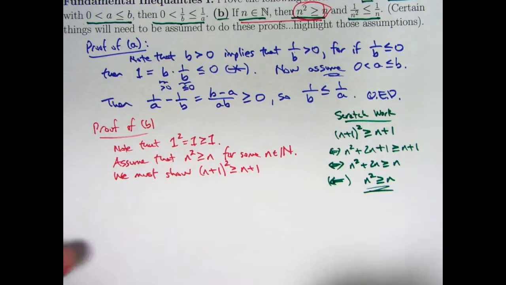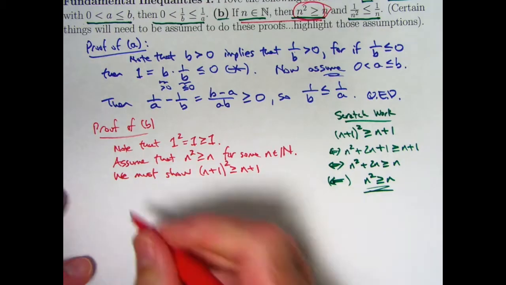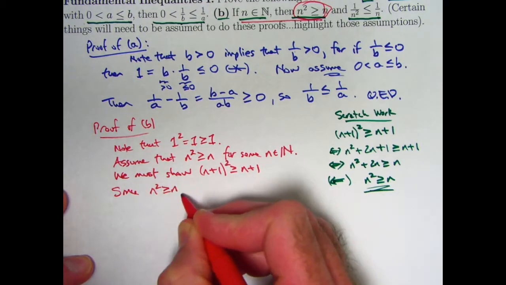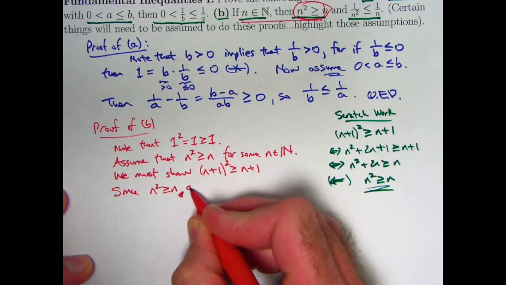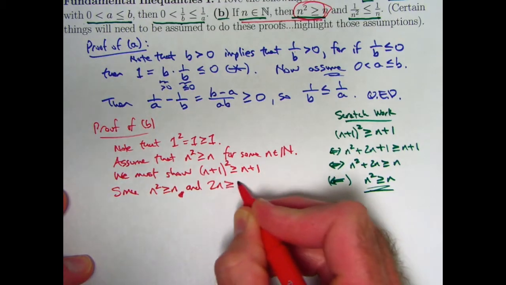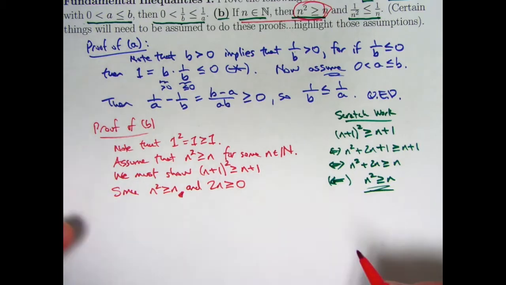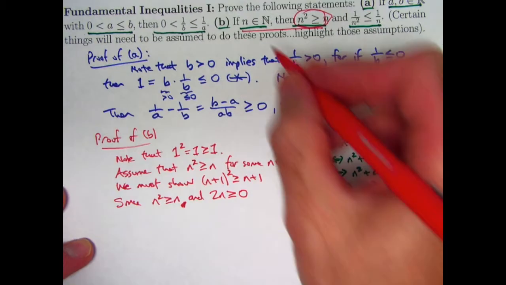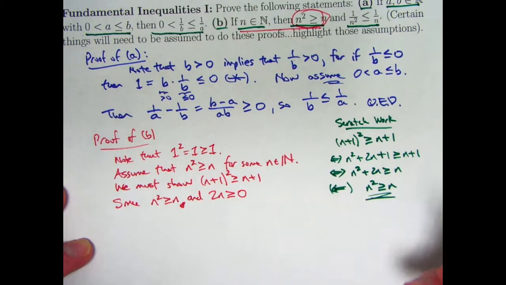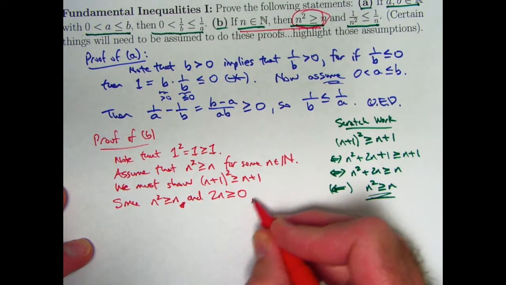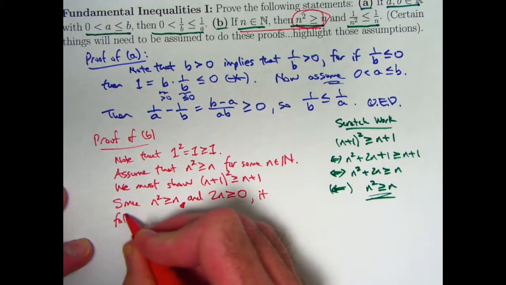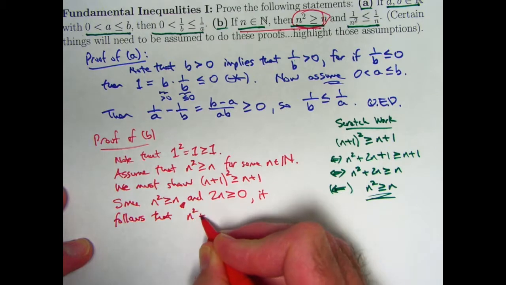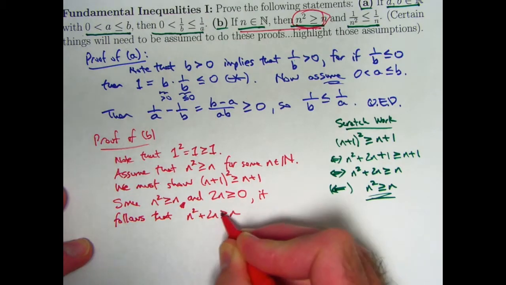So in the actual proof, now go back and say, since n squared is greater than or equal to n, and 2n is greater than or equal to 0, you could also say greater than or equal to 2, since n is a natural number, 2n will be greater than or equal to 2, it follows that n squared plus 2n is greater than or equal to n.